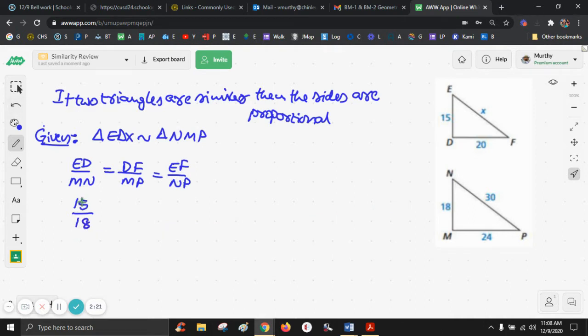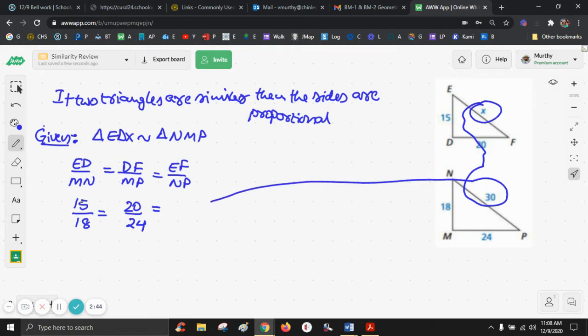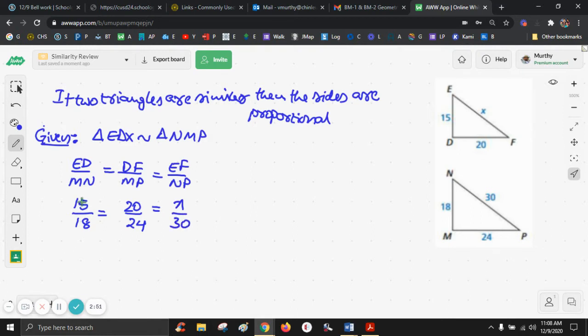So 15 over 18 equals DF, which is 20 units, over the corresponding value, 24 units, equals EF, which is x, over the corresponding value, 30. So those values I'm taking here, that is x over 30 units.